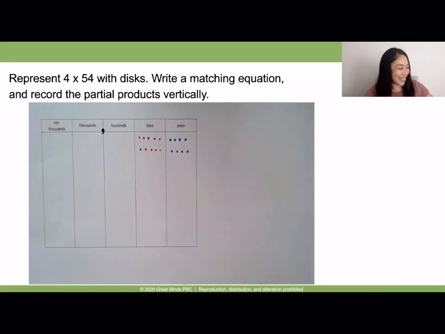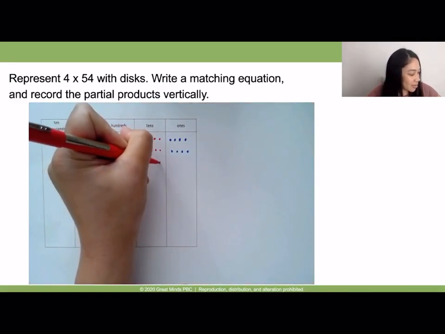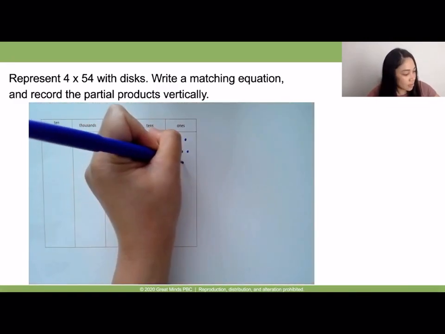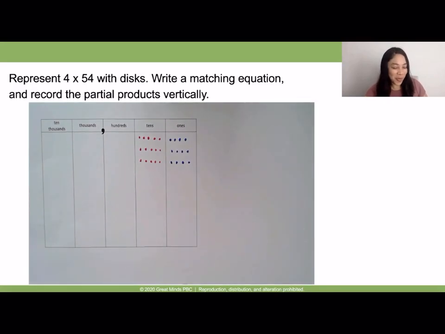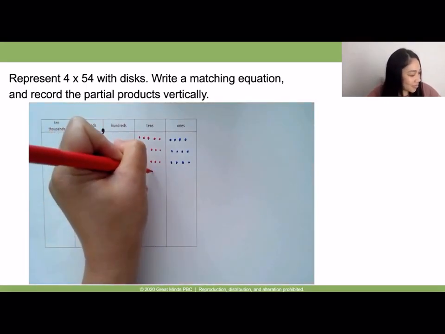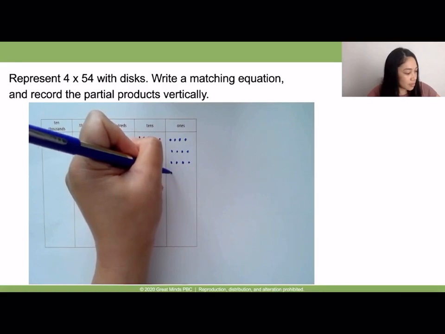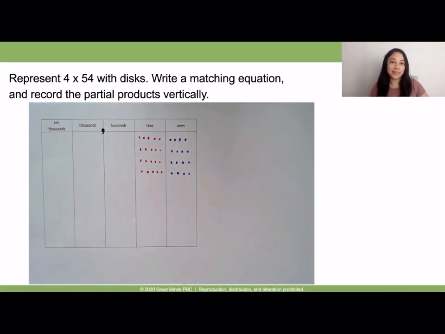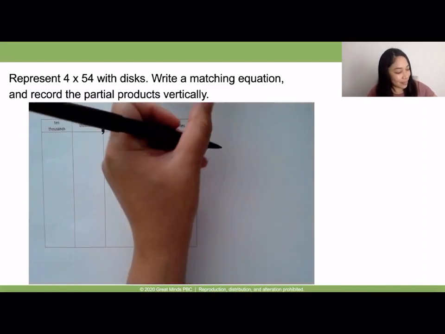And another. Let's draw one more. How many groups of 54 do we now have on our chart? We have 4 groups of 54. Let's write the expression 4 times 54 vertically.